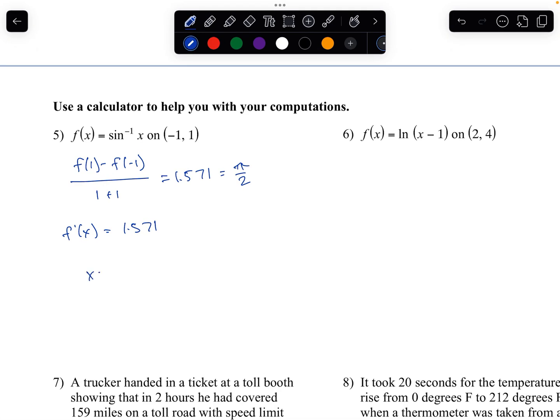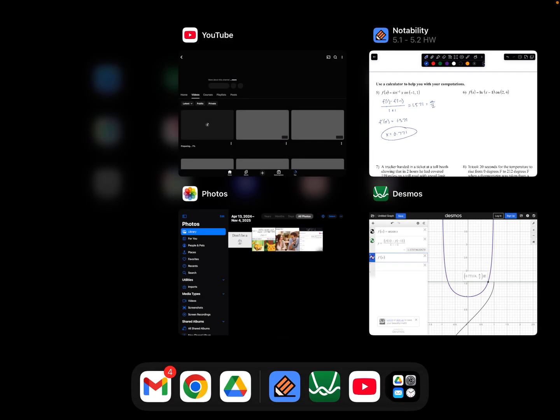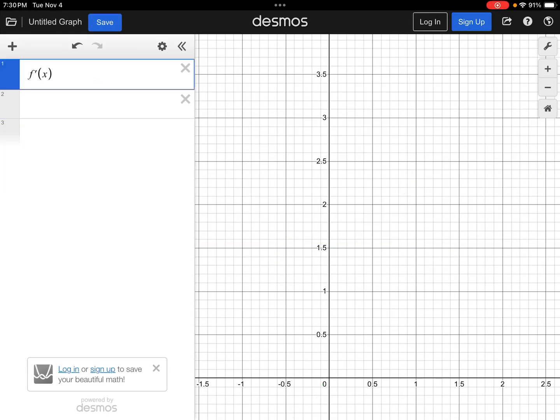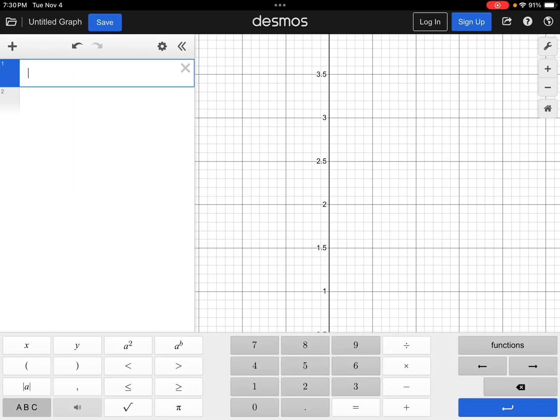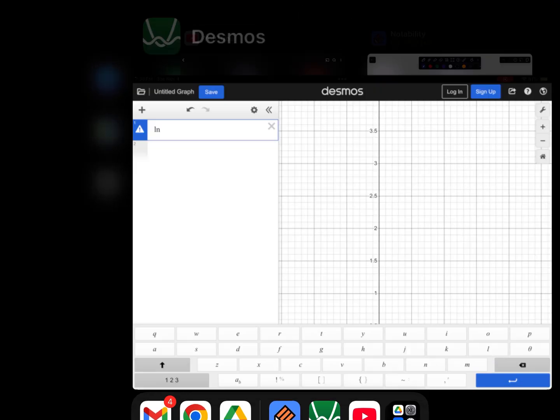So x equals 0.771. Cool. Let's do the same thing for 6. So for 6 we have a natural log function. We have the natural log of x minus 1.